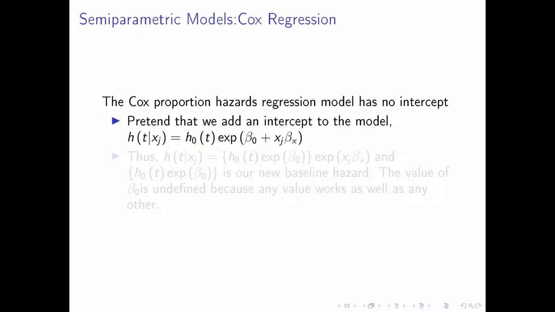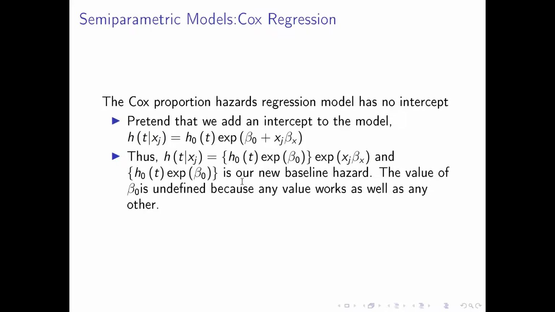What happens is that after we combine the baseline hazard and the exponential function of beta 0, these two terms can be absorbed into a single component, and they're indistinguishable from each other.